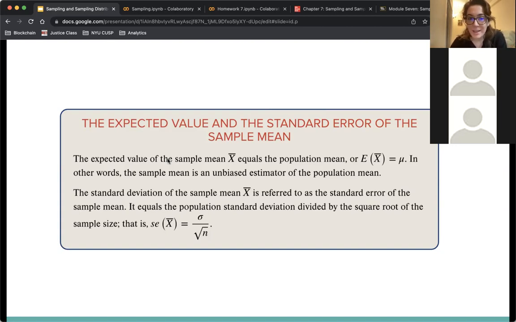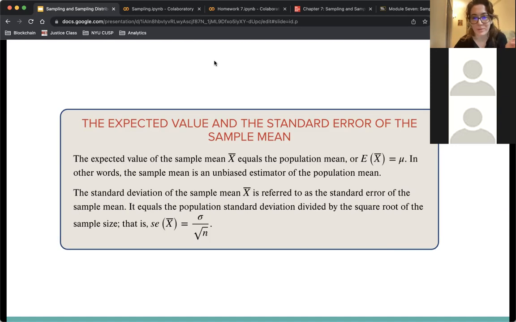This standard error is calculated with the following formula, where we take the standard deviation and divide it by the square root of the sample size n. We will walk through an example of how we use this, but the purpose is to measure that variance between the samples we take.